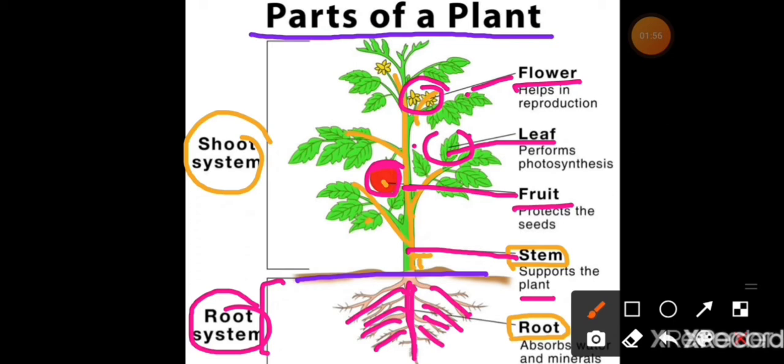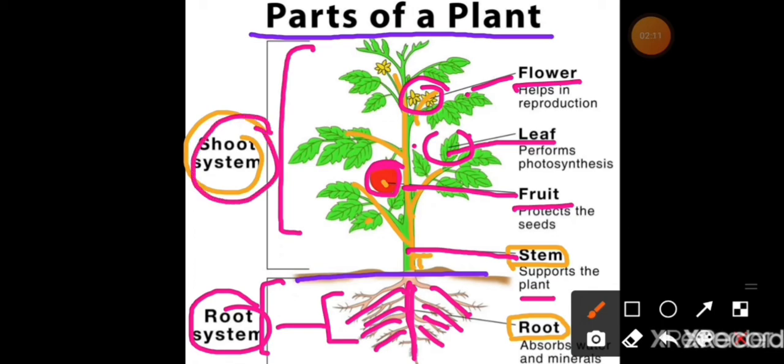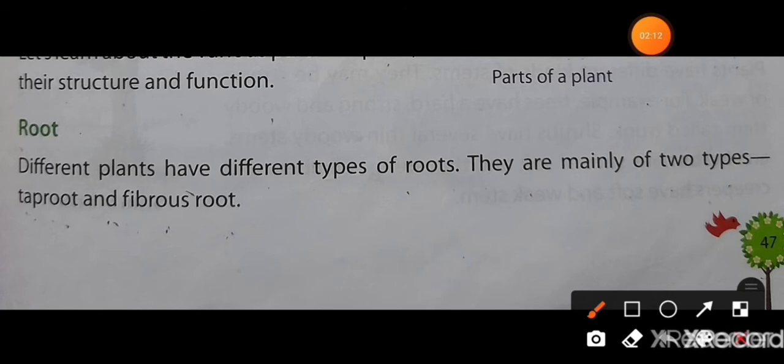So these are the main parts of the plant. The part which grows below the ground is called the root system, and the part which grows above the ground is known as the shoot system. Now let's learn about the root. Different plants have different types of root.